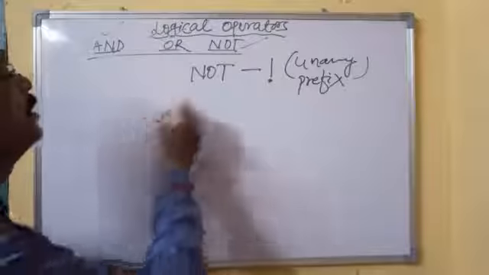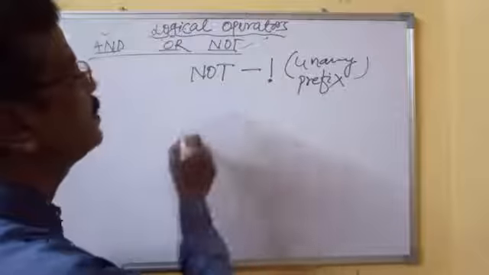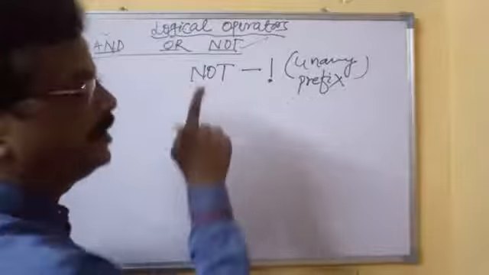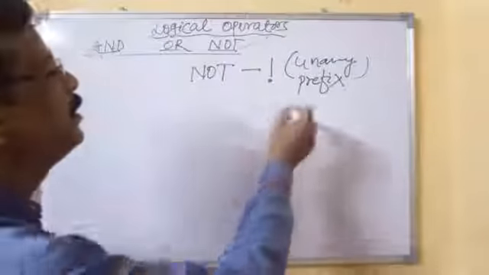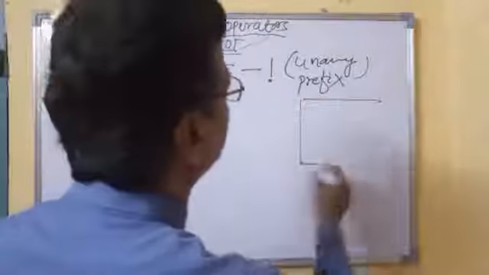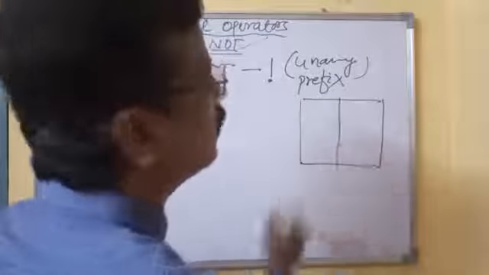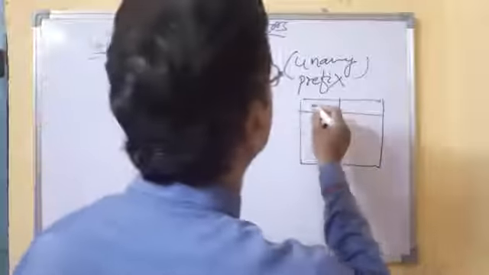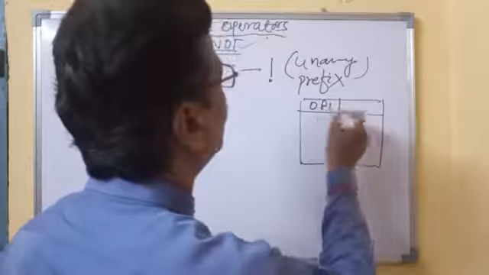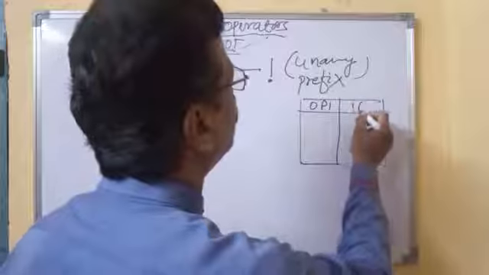Because it is a unary operator and requires one operand, you can also prepare a table. Here 4 options will not come, only 2 options will come. This is OP1, or operand 1, and the result is NOT OP1.